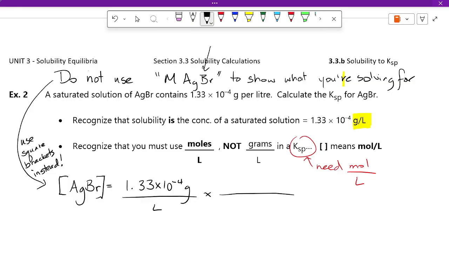I want moles on the top and I want grams on the bottom, and I would get 107.9 plus 79.9 equals 187.8 grams of AgBr per mole, which is 7.082 times 10 to the negative 7 molar.